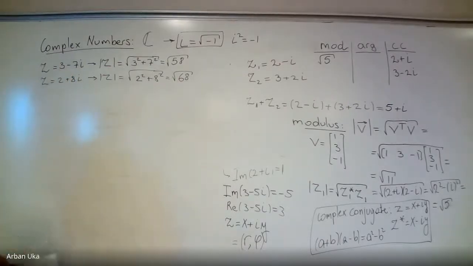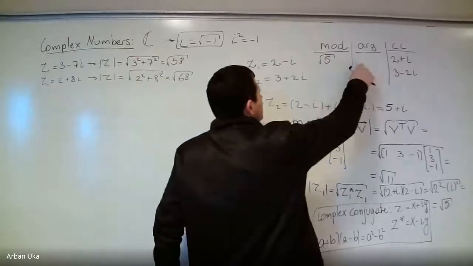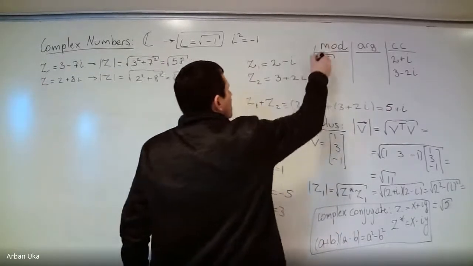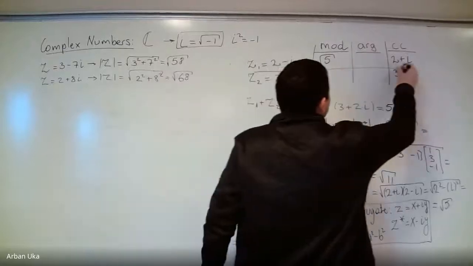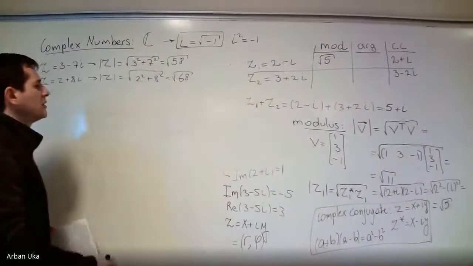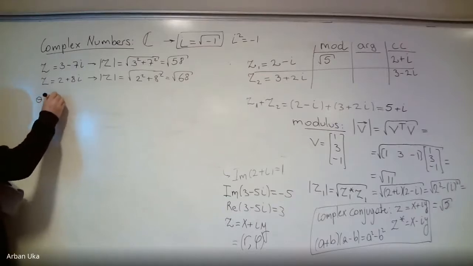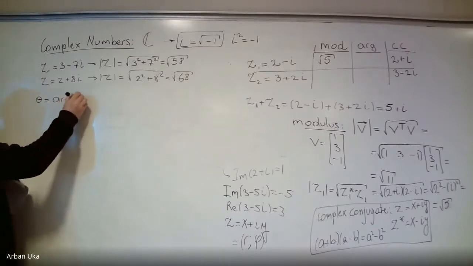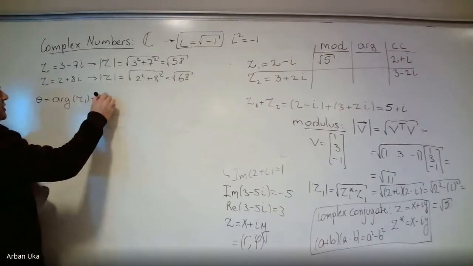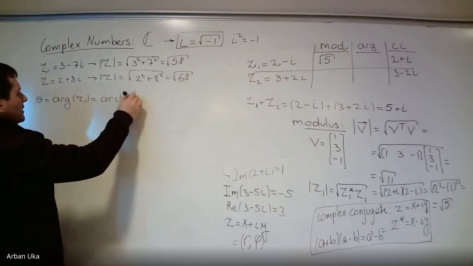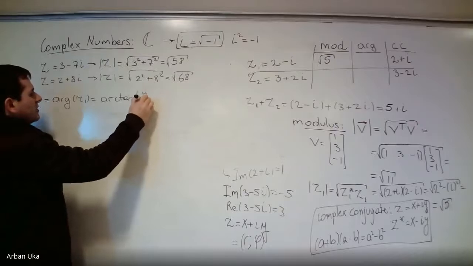Then we have another definition, which is a very important parameter of the complex numbers, which is the argument. The argument determines the angle. So theta would be equal to the argument of Z1, which is equal to arc tangent of y divided by x.